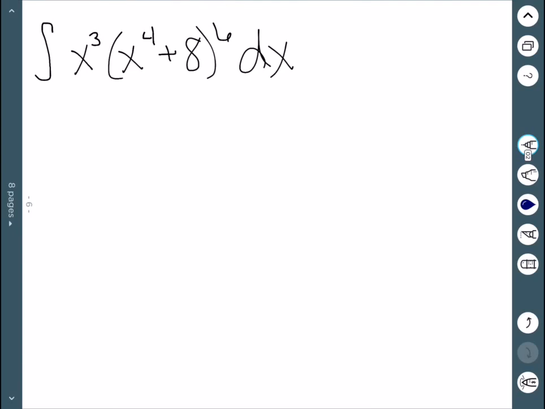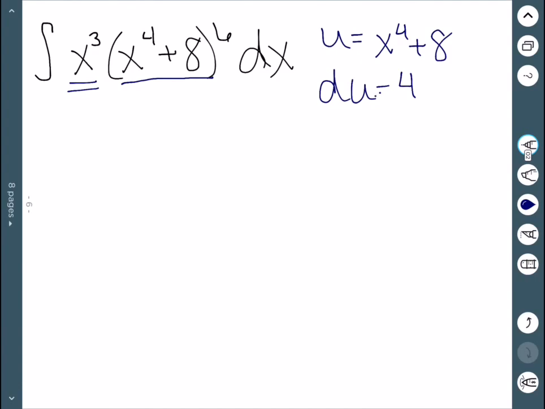Another one, we see an x to the fourth, and we see its derivative, x cubed. So we'll let u be equal to x to the fourth plus 8, which makes du 4x cubed dx. Now you'll notice we don't actually have a 4x cubed in this problem. We only have an x cubed. So at this point we'll divide both sides by 4.